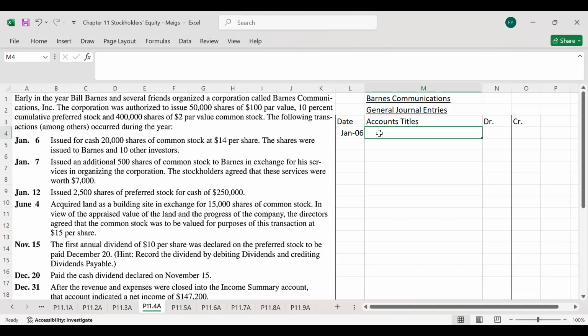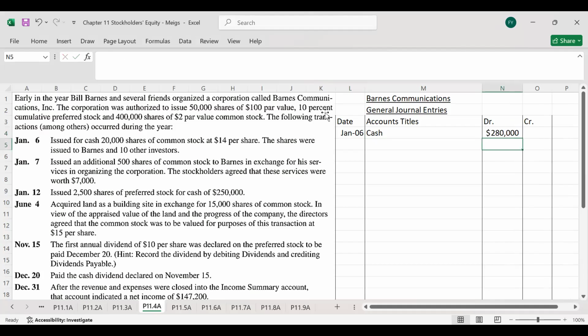So the company got cash. So cash is on the debit side. 20,000 shares are issued for $14 each. And then common stock is on the credit side because 20,000 shares are issued with the par value of $2.